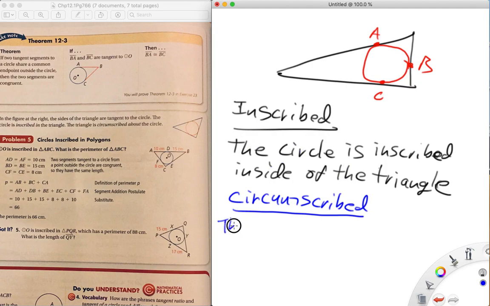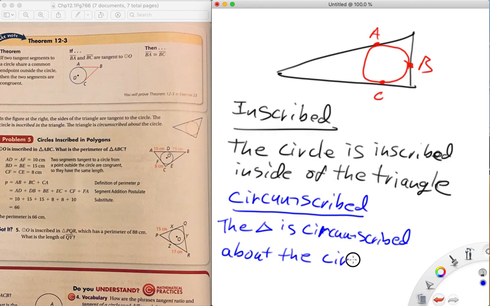The triangle is circumscribed about the circle. Around the circle is what about means. All right, so inscribed, the circle is tangent to the triangle. Circumscribed, the triangle is tangent to the circle, essentially. That's what that means.